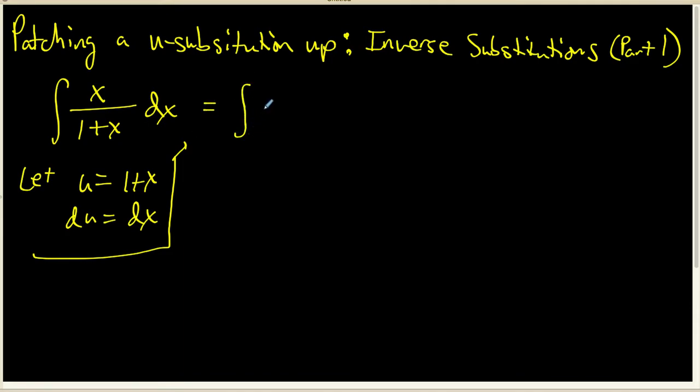The dx is just equal to du, and the bottom is just equal to u, but we still have this silly little x running around. And now we know from past experience that once we do a u substitution, all of the x's should disappear, and they didn't here.